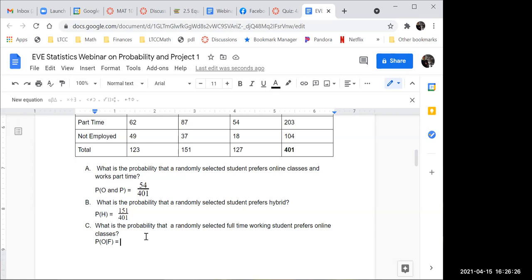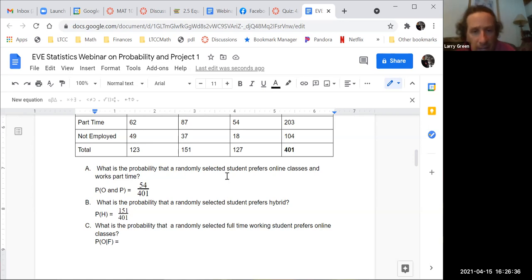For the very first one, A, what makes this one different, and why is this one the given? Okay, so part A, what is the probability that a randomly selected student prefers online and working part-time? We're just looking at a randomly selected student. We're not told anything about the student other than they're a student.